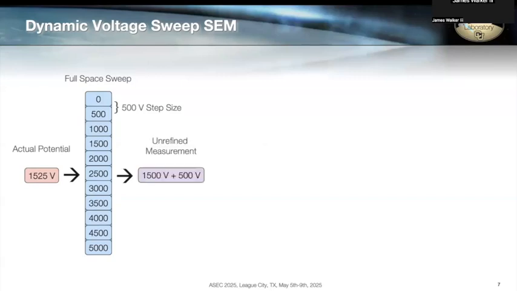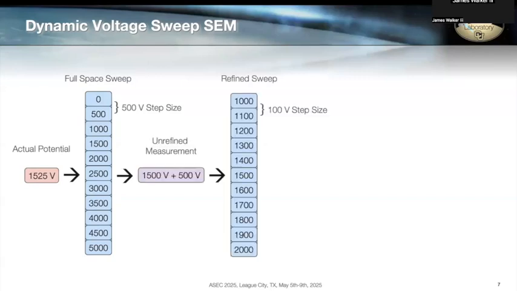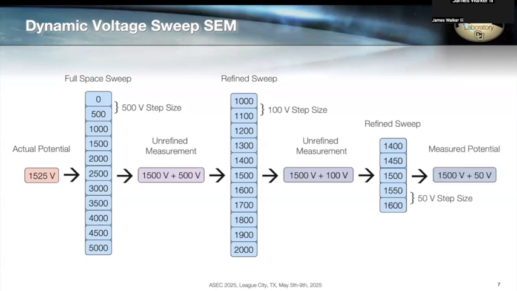You get your unrefined measurement, and then you perform a second voltage sweep based on that unrefined measurement with a smaller step size. And then you continue performing these more and more refined sweeps until you end up with your final refined sweep with your desired step size. And in this case, we get our 1,500-volt measurement with our 50-volt error.